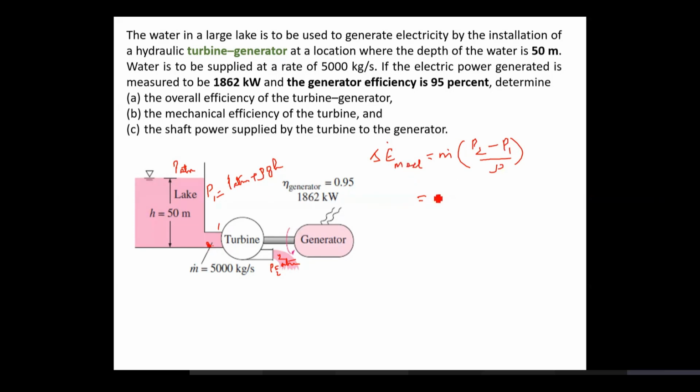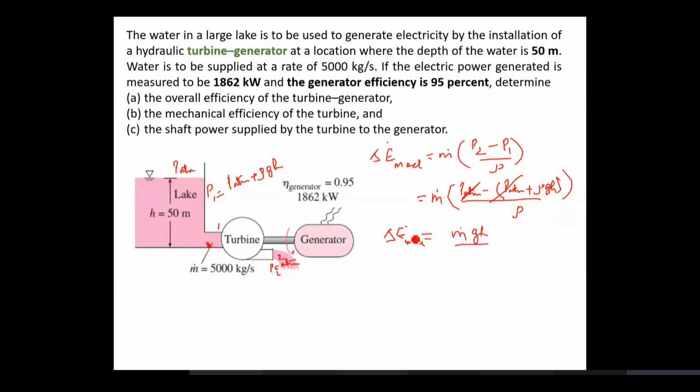So if I write over here mass flow rate multiplied by P2, or P2 is, let's say, P atmospheric minus bracket P atmospheric plus rho GH divided by the density. This would cancel out, and I would essentially have mass flow rate multiplied by GH as the change in mechanical energy of the fluid.